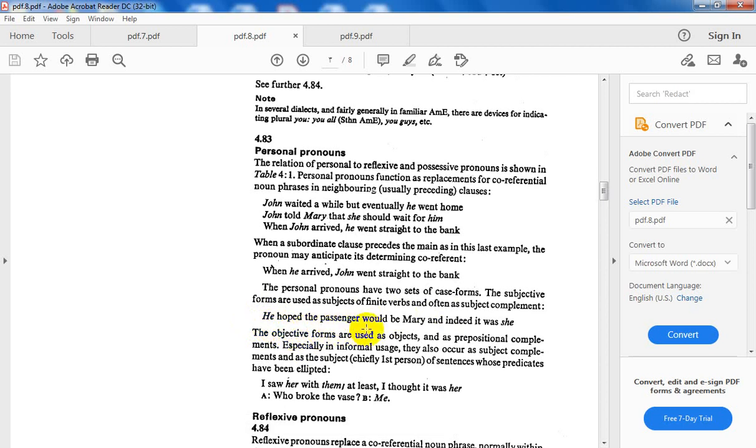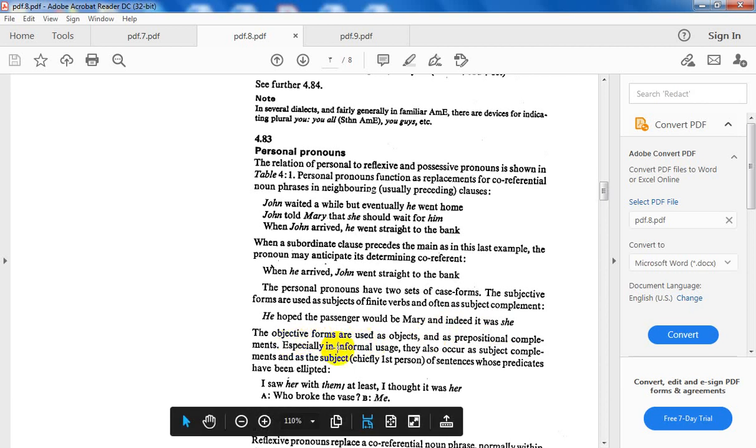The passenger would be Mary, and indeed it was she: she here is the subjective pronoun functioning as subject complement. So the syntactic function of the subjective personal pronoun is either subject or subject complement.